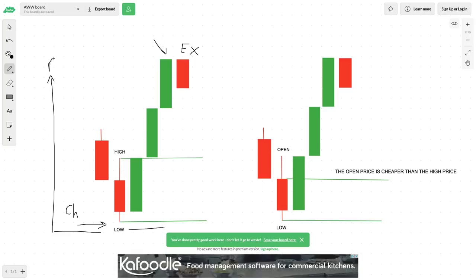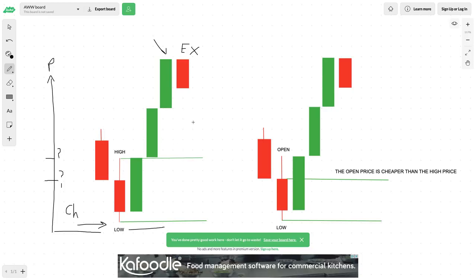So this would be price. If we were looking at the high price or the high wick price or the candle wick price, what price would you want to buy at? Or what would you say was cheaper? You would have to say that the open price is cheaper, and it's a cheaper price.